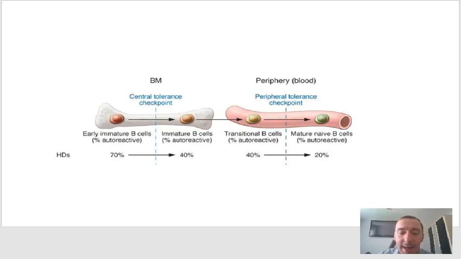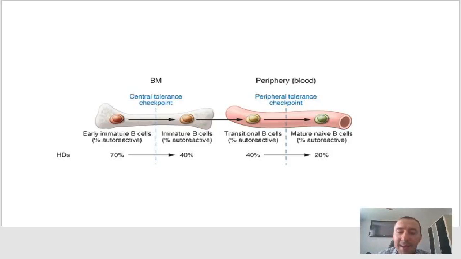So it goes from 70% autoreactive B cells to 40%. Then those 40% autoreactive B cells arrive at the spleen, or the periphery. When they arrive at the spleen, about half of these autoreactive B cells get eliminated, bringing that down to 20% of the B cells being autoreactive.